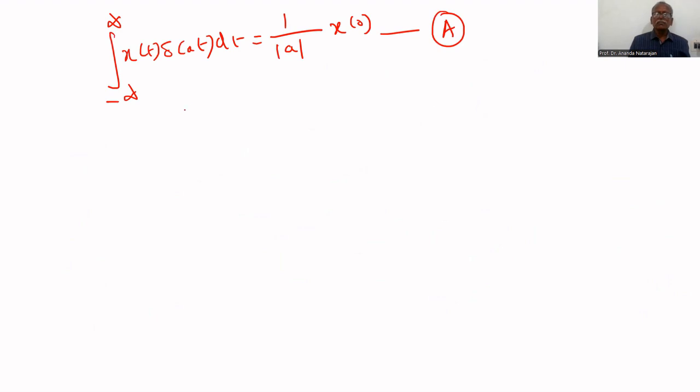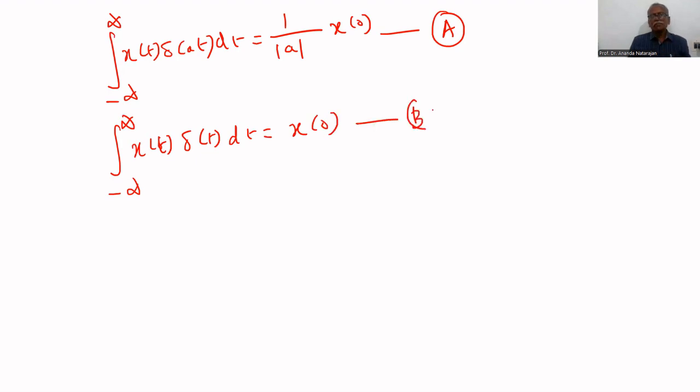We know from the first property that the integral from minus infinity to plus infinity of x of t δ(t) dt equals x of 0. That is the first property. Let it be B. So here we can substitute this first property into A. Instead of x of 0, we can substitute this.